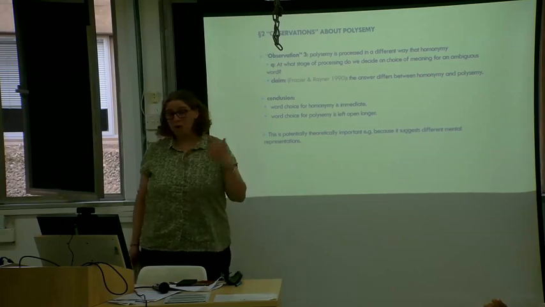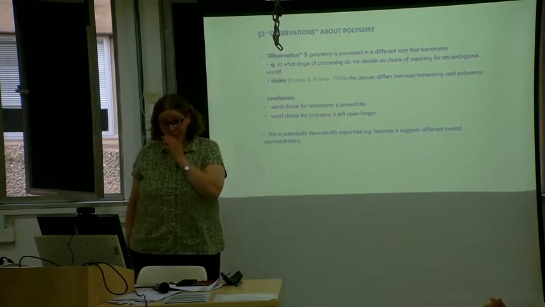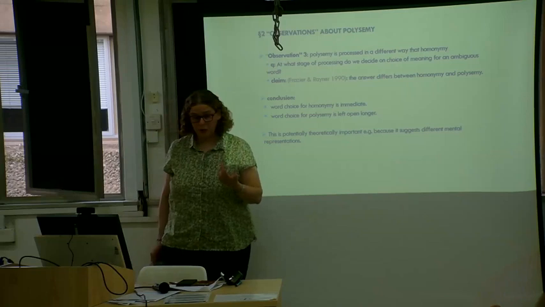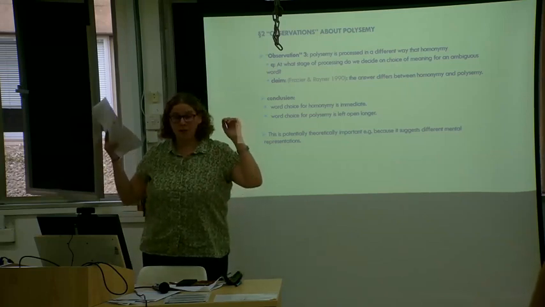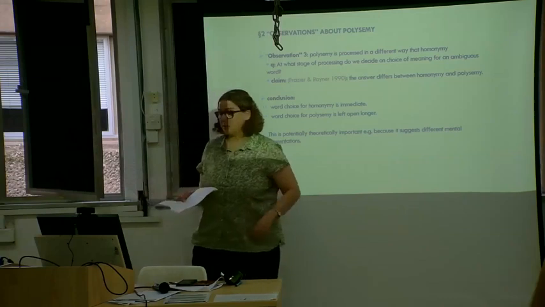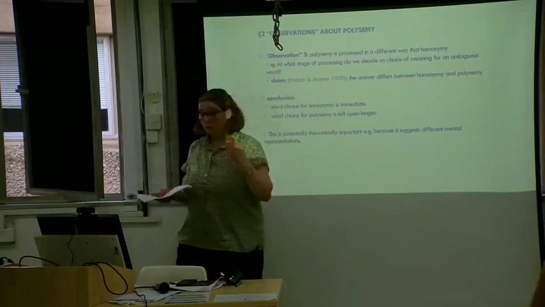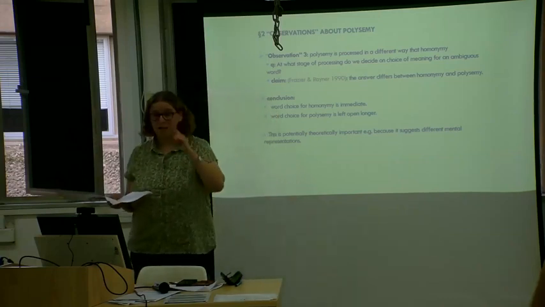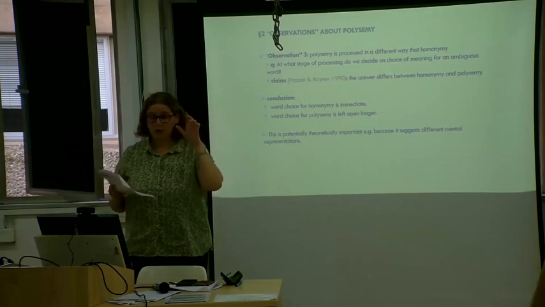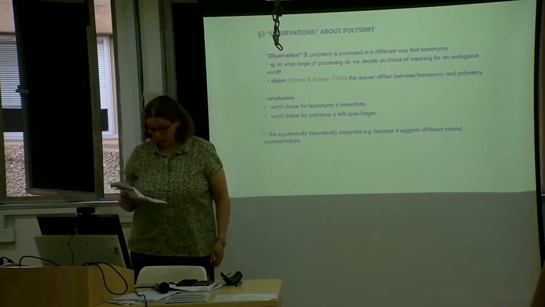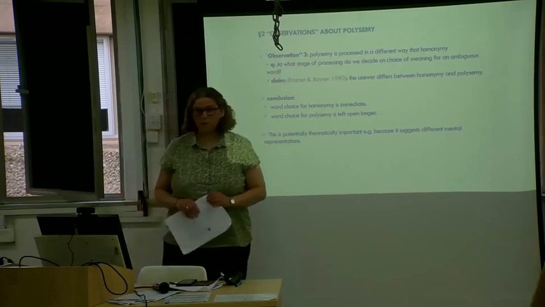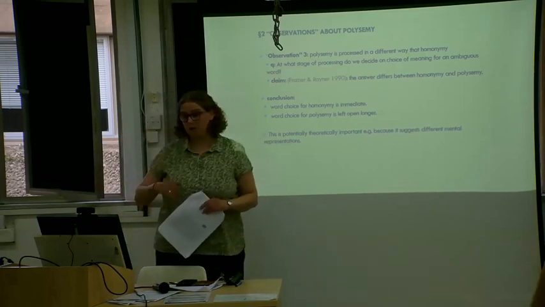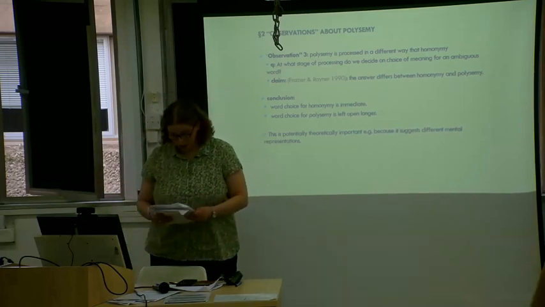So for example, one claim that some people make is that what this shows is that in the case of homonymy, we have two different lexical entries in our mental lexicon, whereas for polysemy, we have a single item. Maybe it's a little bit complex, but we have a single item in our mental lexicon. Okay, so there are lots of debates whether this data really does or doesn't show that.